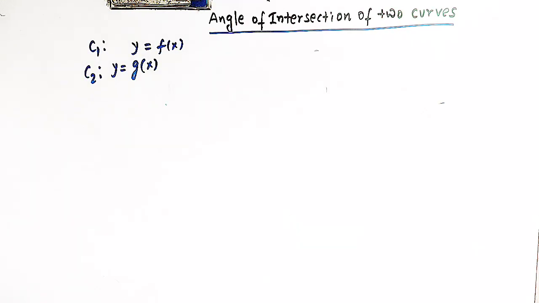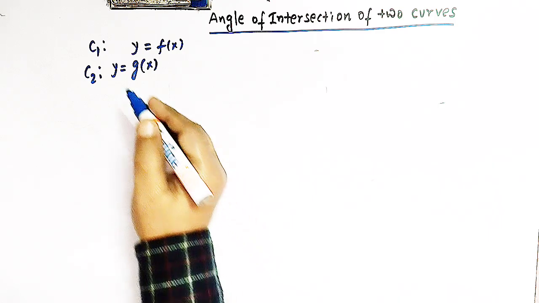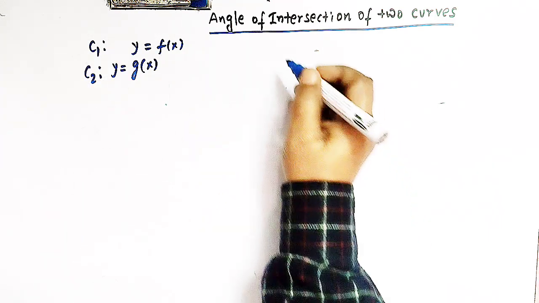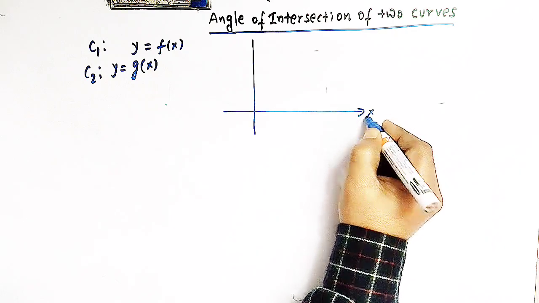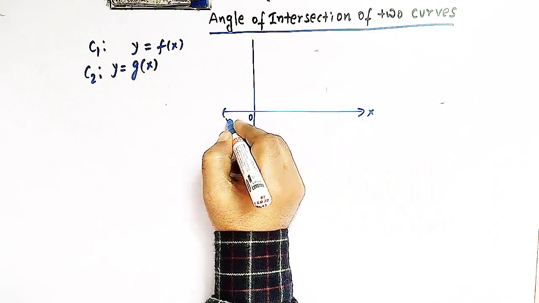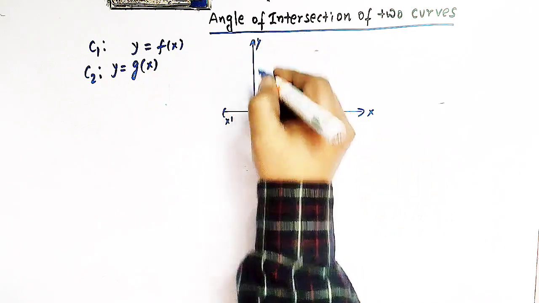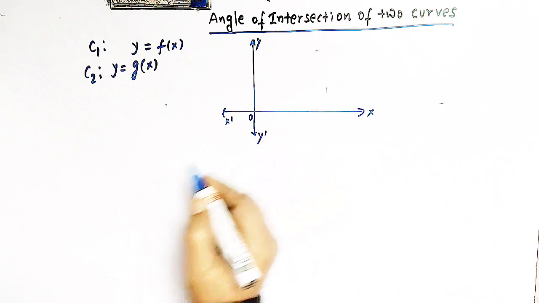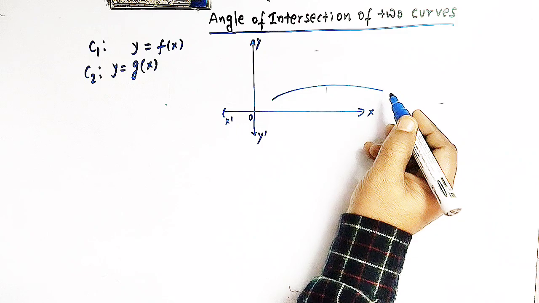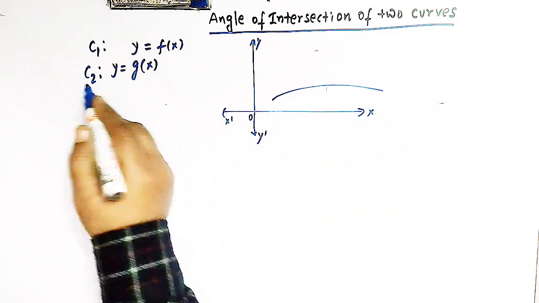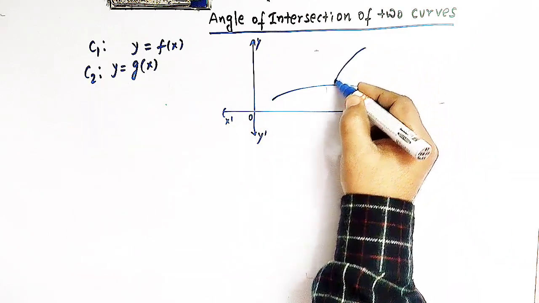So now let us draw a rough diagram of these two curves, and suppose here we have the coordinate axes. This is the x-axis and this is the y-axis. Let us draw the curve c1 like this, and let us draw the curve c2 like this.